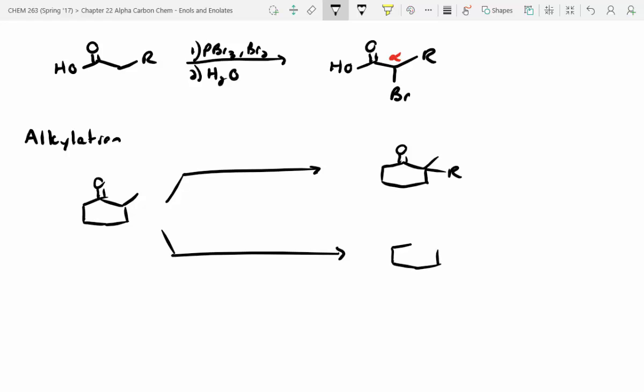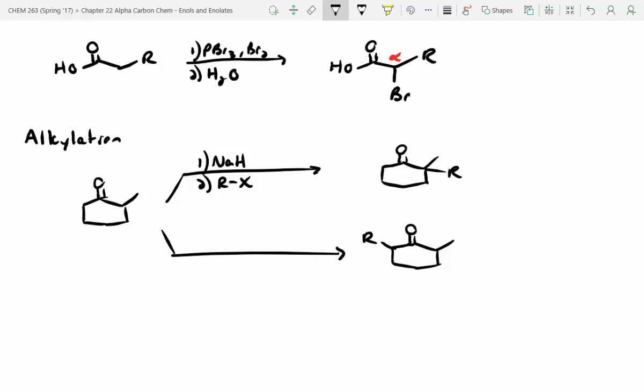There's one alkylation where you can alkylate the more substituted carbon, and then there's one where you can alkylate the less substituted carbon. Which conditions would you need for each? Let's do the top one first. Do we want a big base or a small base for the top one? Small base. We need to be able to get into that nook and cranny to get that proton, so we use sodium hydroxide. And then we use an electrophile that's typically a methyl or primary electrophile.